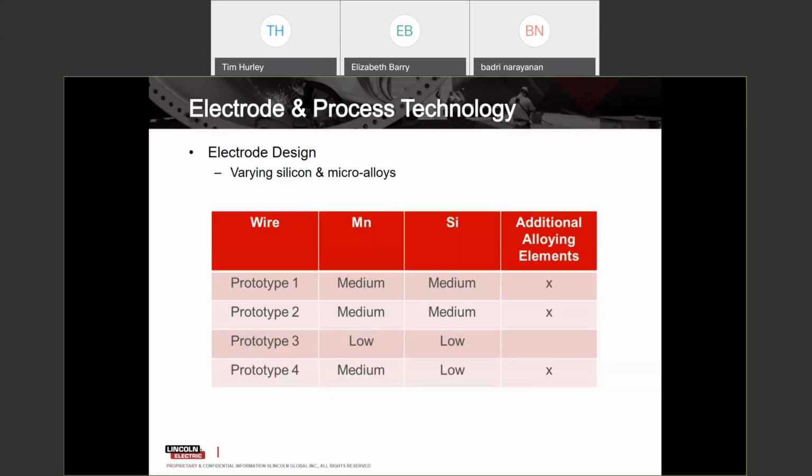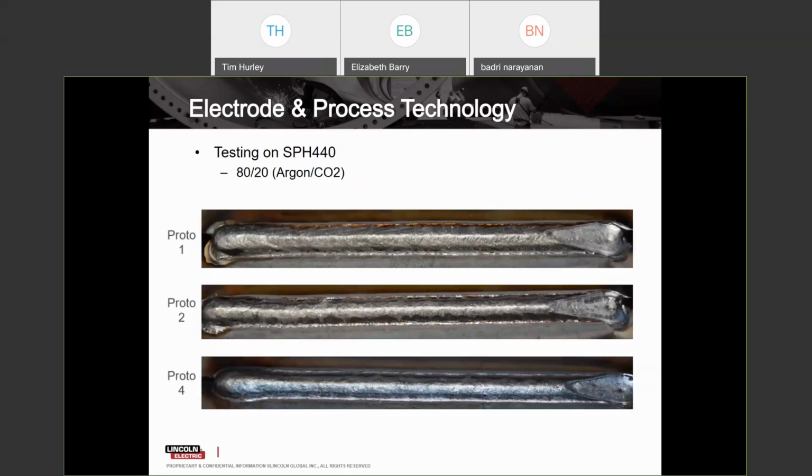So there were these 4 prototypes we looked at with different levels of manganese and silicon on the SPH 440, specifically on an 80-20 shielding gas. So not only was the base material different, but also the shielding gas was different because that was what was required by our customer in order to prove out this concept of low silicon island formation.